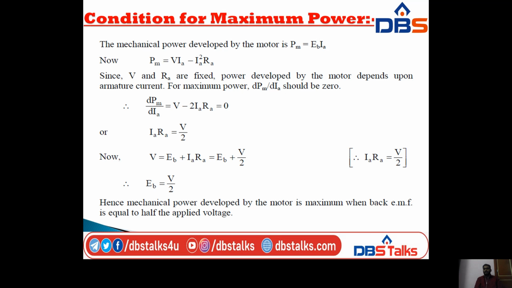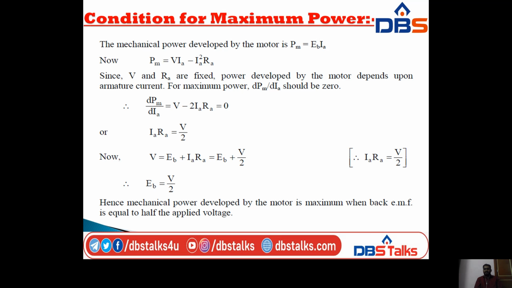We have the formula that differentiating x² gives 2x. Applying this to Ia², we have 2 Ia into Ra. This equation is equal to 0. From that we have V − 2 Ia Ra = 0, or we can write Ia Ra = V/2.